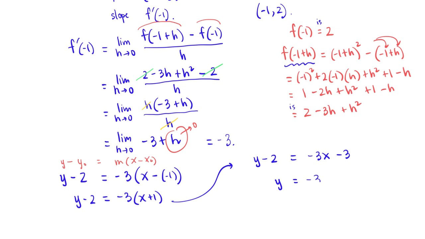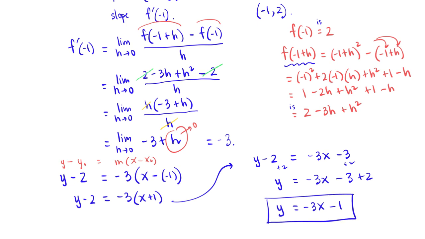We add 2 to both sides of the equation. Finally, we obtain y equals negative 3x minus 1. This is the equation of the tangent line to the curve, but only at a equals x equals negative 1.